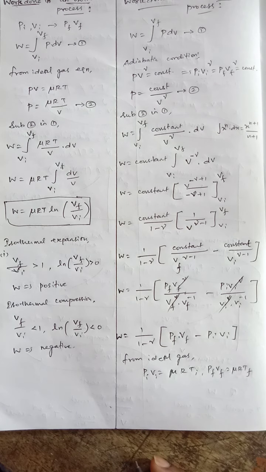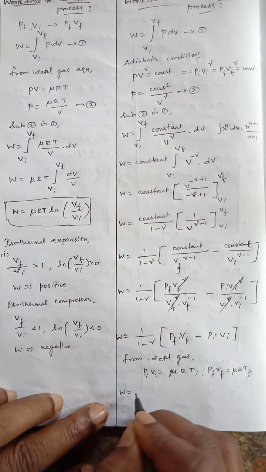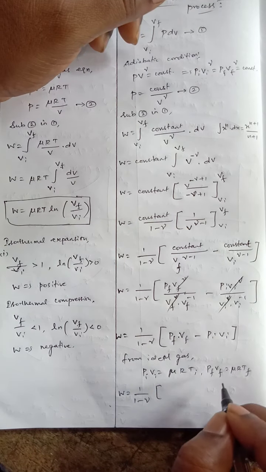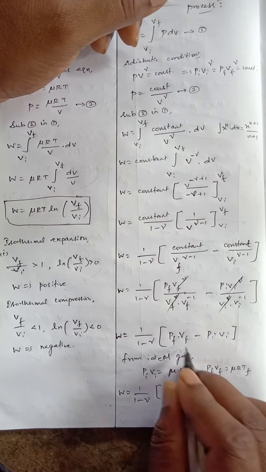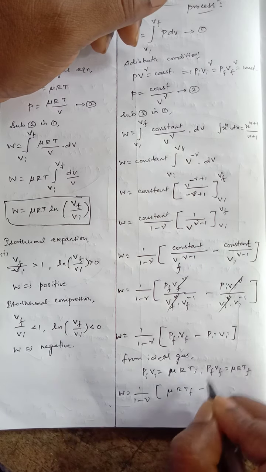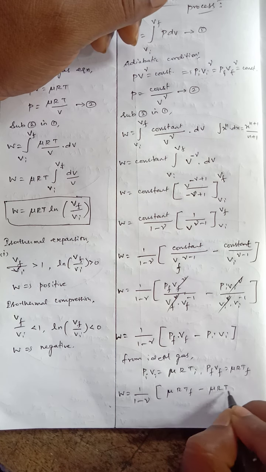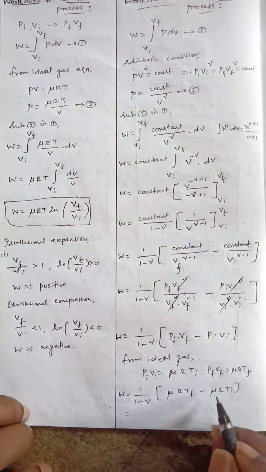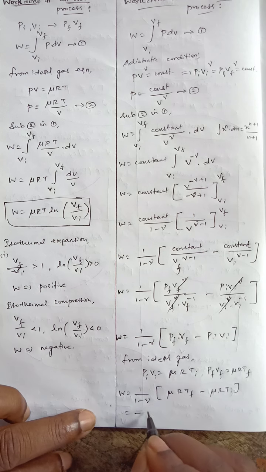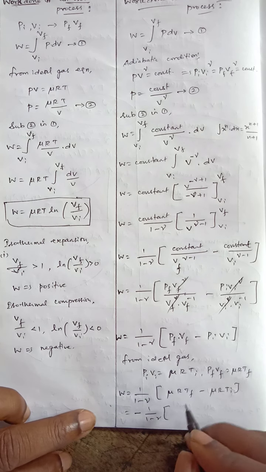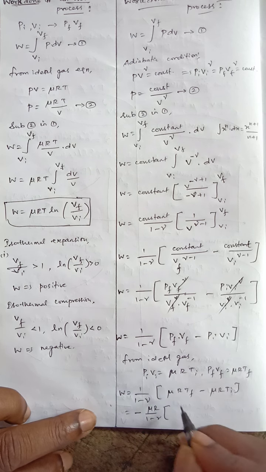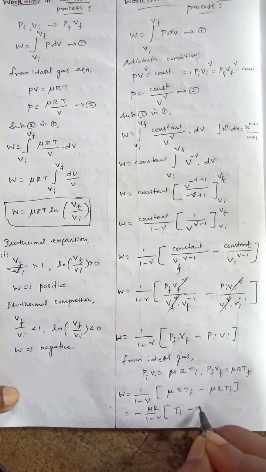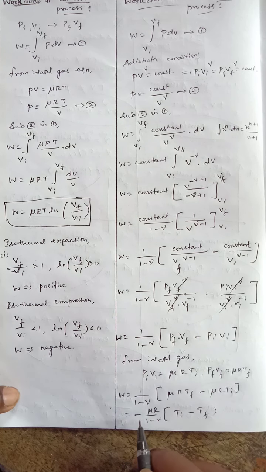So applying here, work done W is equal to 1 by 1 minus gamma, then we realize what the final is: mu R Tf minus mu R Ti. Usually we have the formula as initial minus final only. Just interchanging, take the minus common out, put minus 1 by 1 minus gamma. Mu R is common, then remaining we have Ti first minus Tf, minus Tf minus Ti becoming plus Tf.